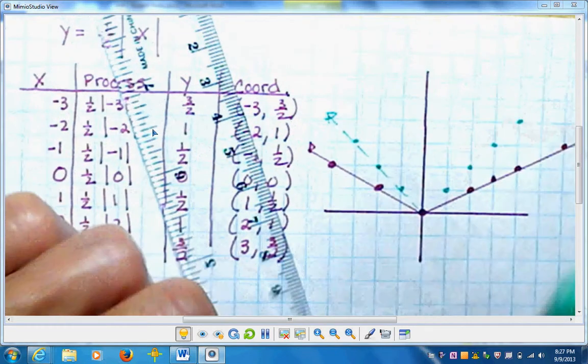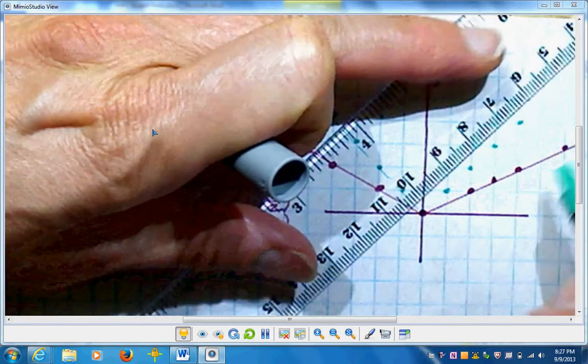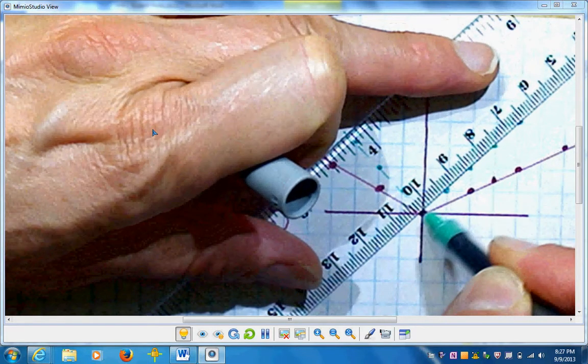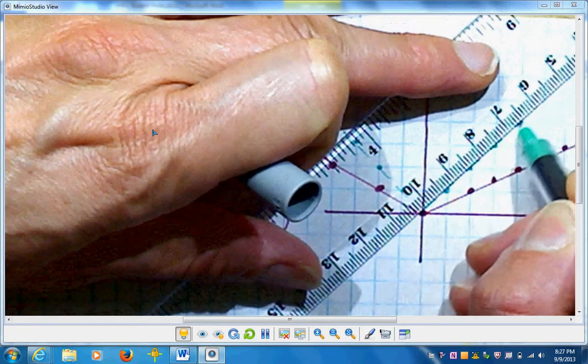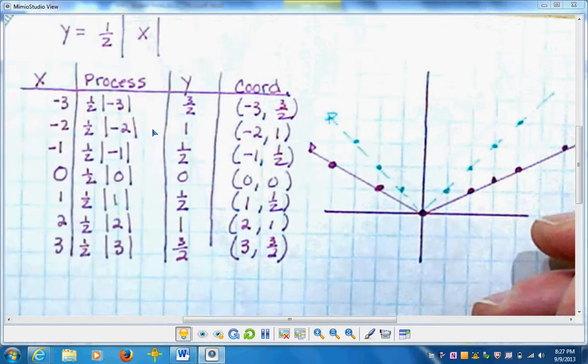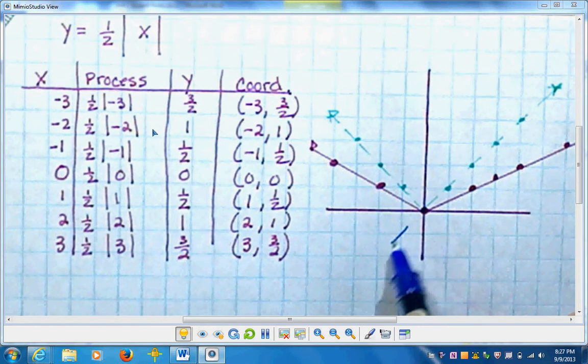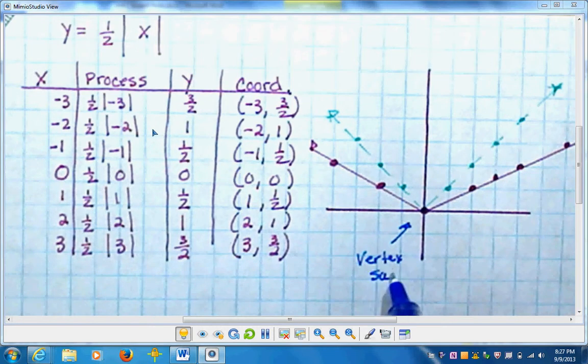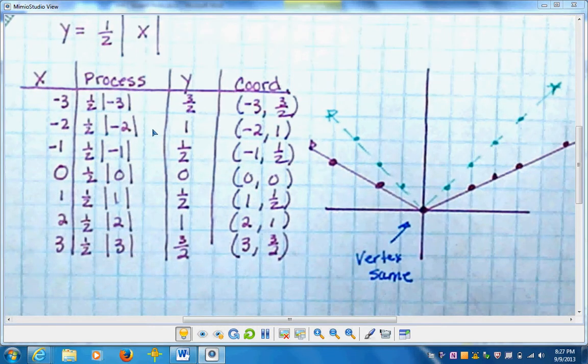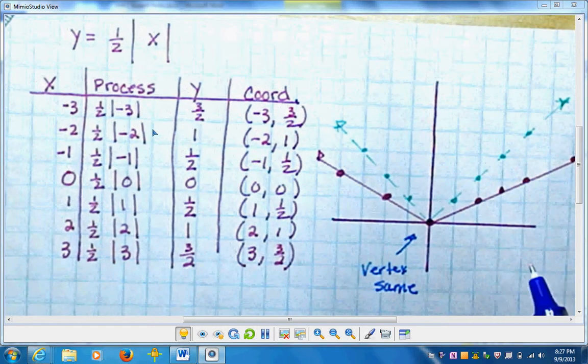So remember, because I'm comparing it to the parent, I'm going to go ahead and draw that in. So we can see, did it shift up or down? No, it did not do any shift because the vertex is the same. So the vertex is the same for both the parent and the new function.